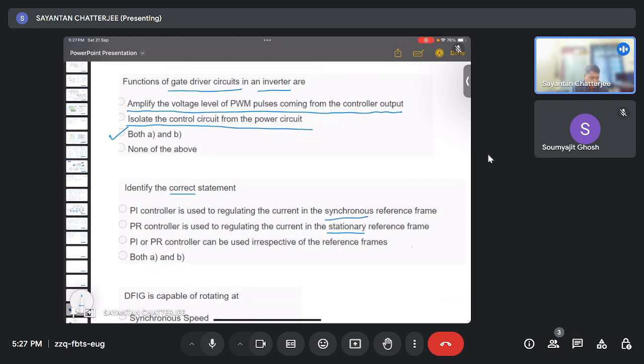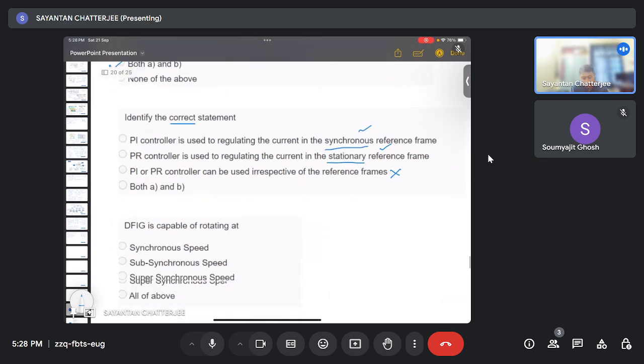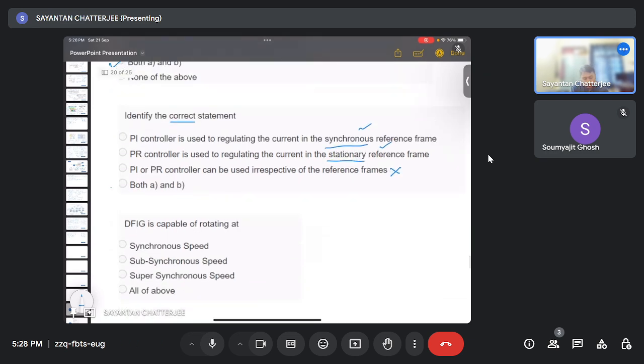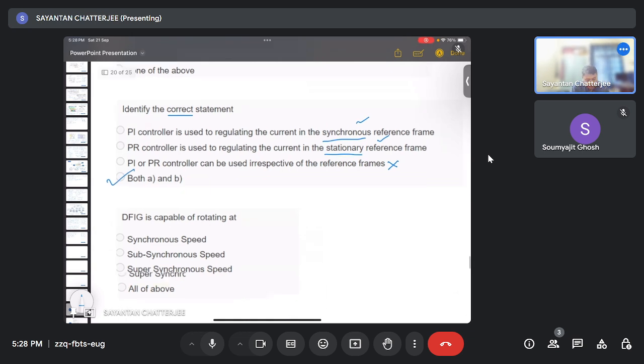So this is wrong. But the PI controller can regulate the current in the synchronous reference frame, and the PR controller can regulate the current in the stationary reference frame. So both A and B are correct.